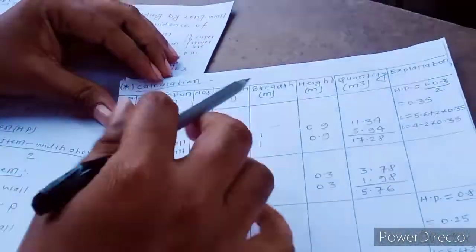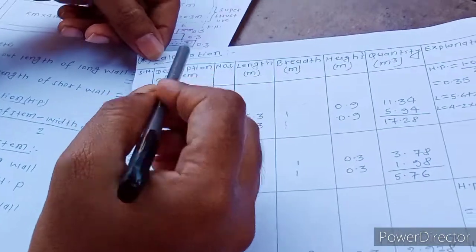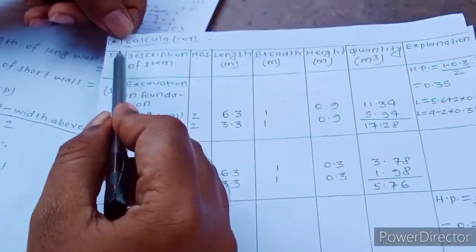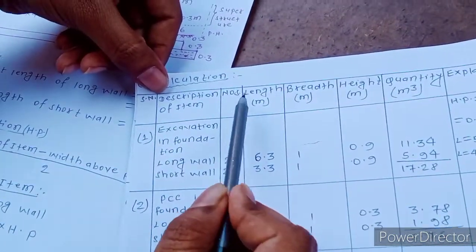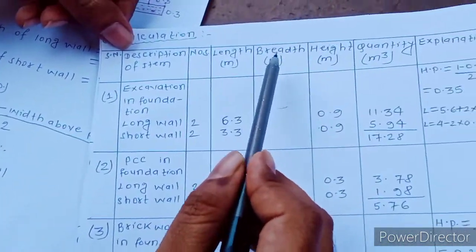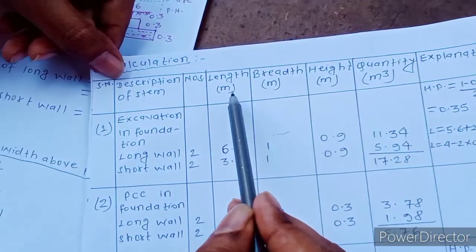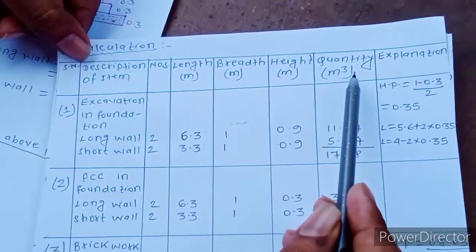So from this formula we are going to calculate. For the calculation we have to make this table: serial number, description of item, numbers, length, breadth, height. All are given in meter, so the quantity becomes in meter cube or cubic meter.